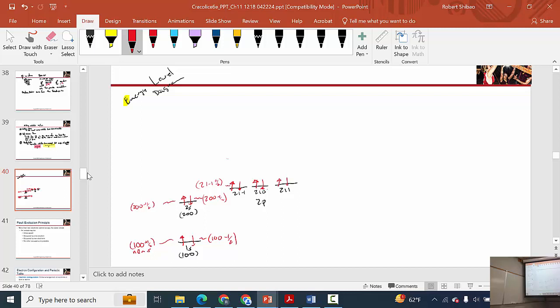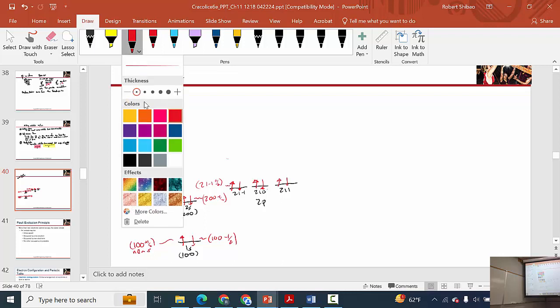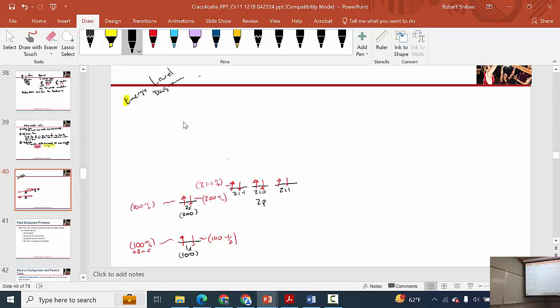Okay, once we're at neon, then you've run out of space, and we're going to have to go to the next higher orbital, which would be what?